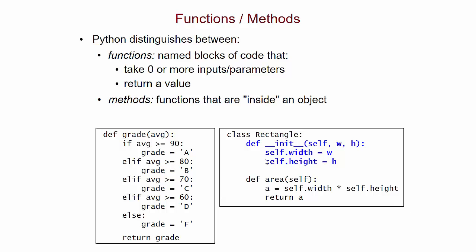It's the constructor. And we can also have one for figuring out the area of the rectangle. And what's important here is these are what Python calls methods, because they are functions that are inside an object. And what makes them methods is not just that they're indented under the class header, but that they also have a self parameter that gives us access to the internals of the object.